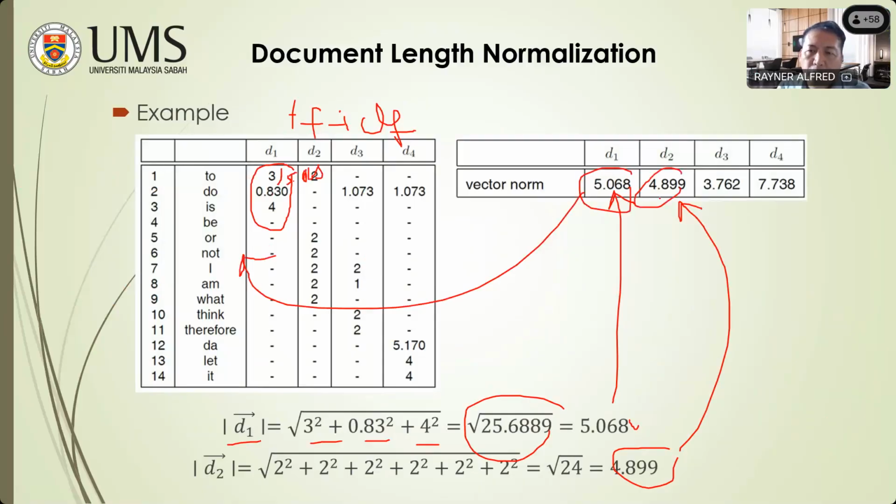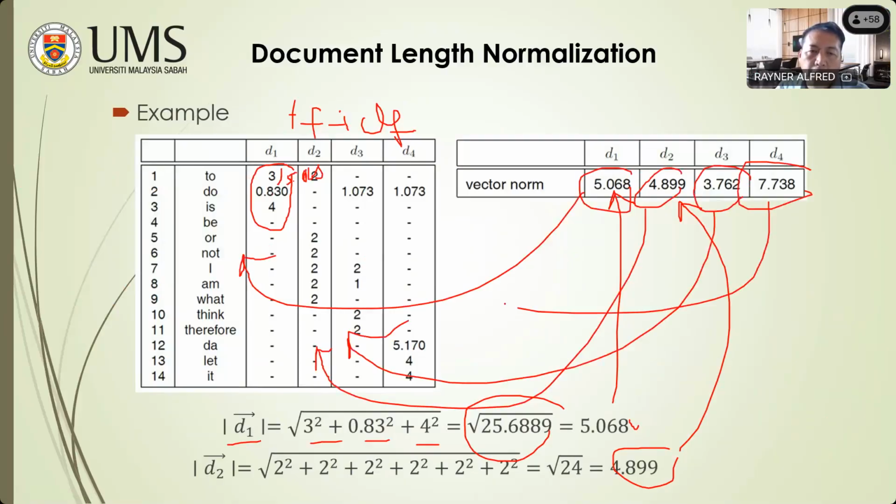And then for document 2, you will get this, and so on. Once you have the normalization, that is your table that is suitable or fair enough for all of them to be used for ranking. So that's the usage of document length normalization.